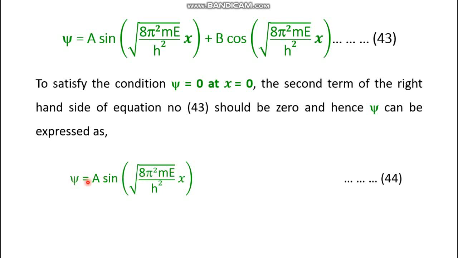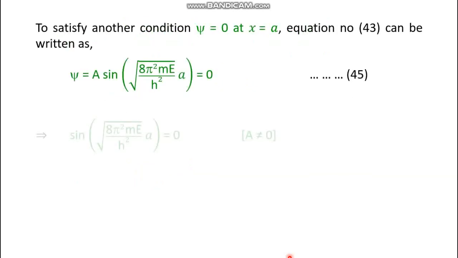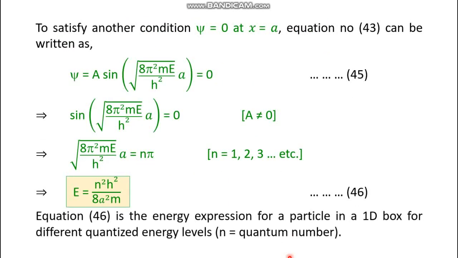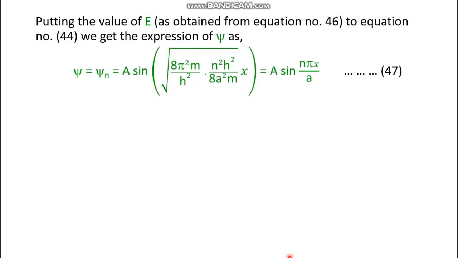So we have to write psi equals A sine root over, within this root, 8 pi square m by h square into the value of E, and outside the root you have to put x. So psi equals A sine root over 8 pi square m by h square. In place of E we are writing the value of E as obtained from equation number 46, n square h square by 8 a square m, and outside the root it is x definitely.